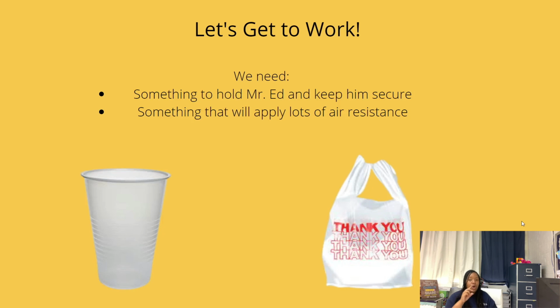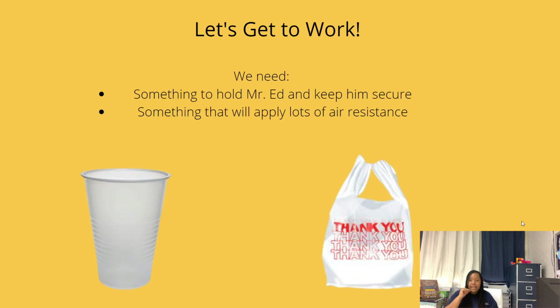So those 2 main components are simply a cup and a plastic bag. And I'm sure you have these 2 things at home with you. If you're like me and you save all your plastic bags from the grocery store, you have some in your cabinet, I'm sure. So a plastic cup, a plastic bag, we can use these 2 things to safely get Mr. Ed to the ground.